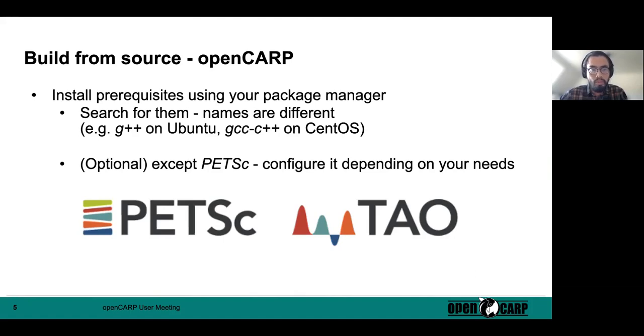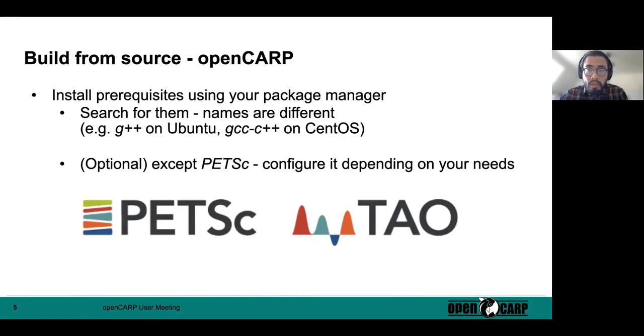For example, the g++ package on Ubuntu has a different name on CentOS. After installing these packages, you can also install PETSc. PETSc is the most complex part; you can build it by yourself, or you can try to install its package. It just depends on your needs.